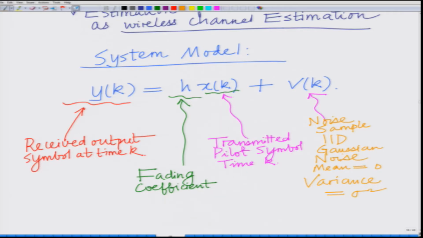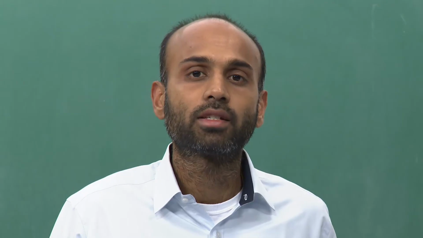So we have the same familiar model: yk equals H times xk plus Vk, where yk is the output symbol, H is the channel coefficient, xk is the kth transmitted pilot symbol, and Vk is the noise sample.